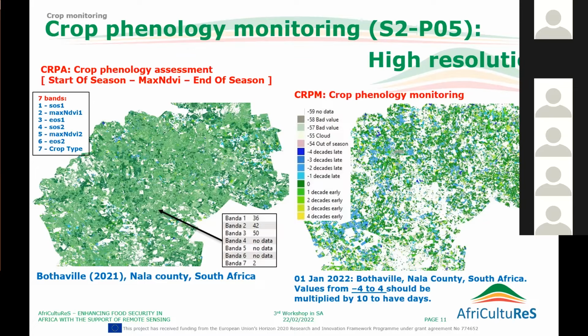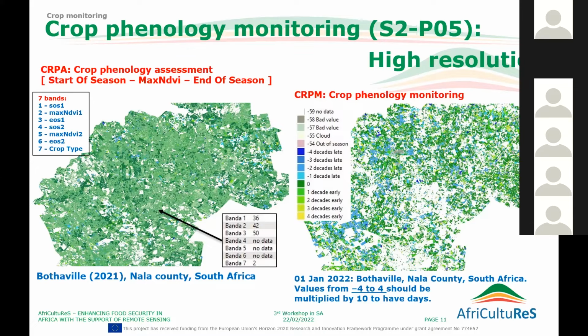But on the right side, you see we are also referring to the phenology computed the previous year. We can also say at which status the phenology is this year with reference to the previous year. That means that we can say if, with respect to the previous year, the growing of the crop is in delay or in advance.